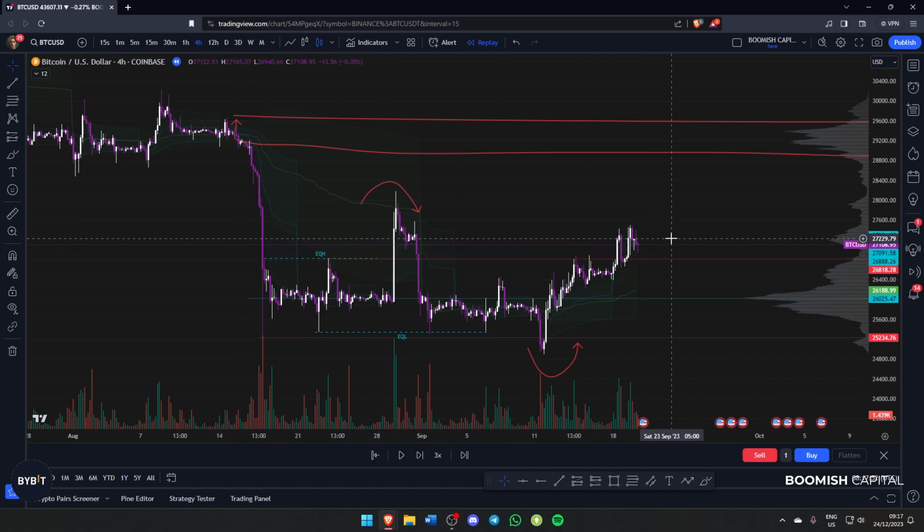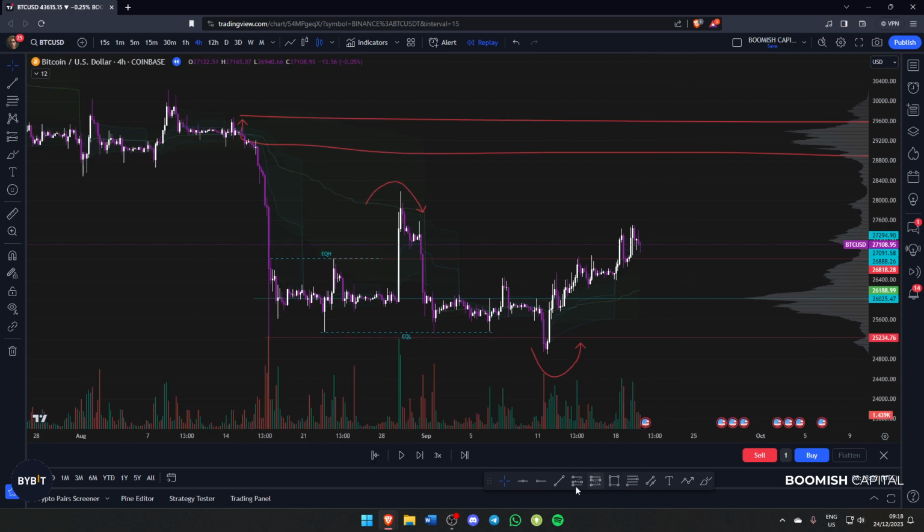So what are the next levels where I could actually identify a range or some type of new formation forming up, right? So you could easily, which I've done quite a few times, and it's pretty uncommon to do so, just copy this range and paste this range and just do this, right?